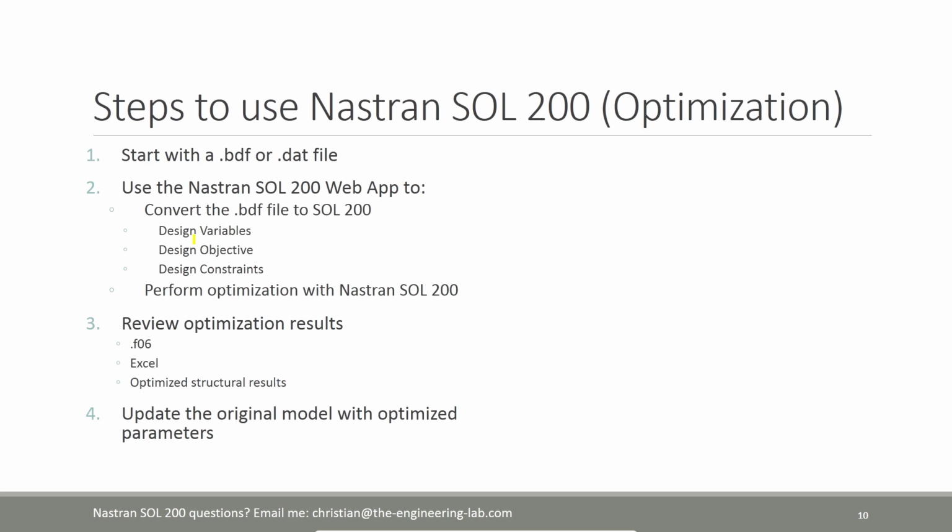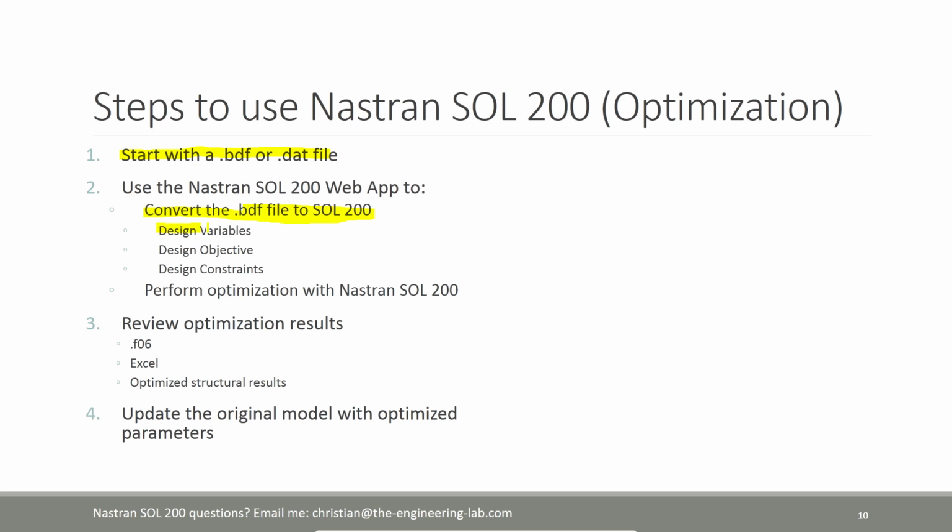And now here's exactly what I will cover. Like I said at the beginning of the video, I will go through each step in detail on how to perform Nastran Solution 200. So I'll describe your starting point. I want to make sure you have all the necessary files before getting started. I'll then go ahead and walk you through the steps of converting your BDF file to Solution 200.